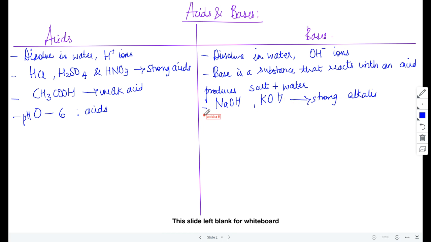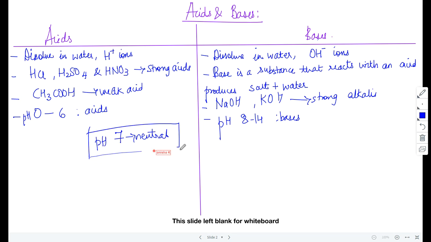A pH of more than 7, from 8 to 14, comes under bases. So it is 0 to 6 for acids, 8 to 14 for bases, and 7 is my neutral value, that is pH 7.